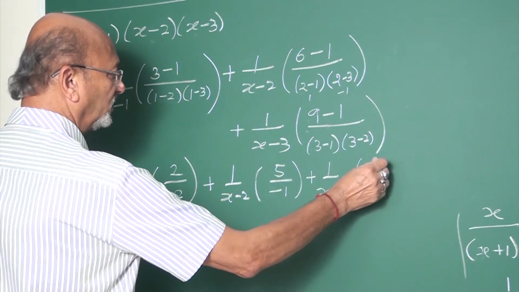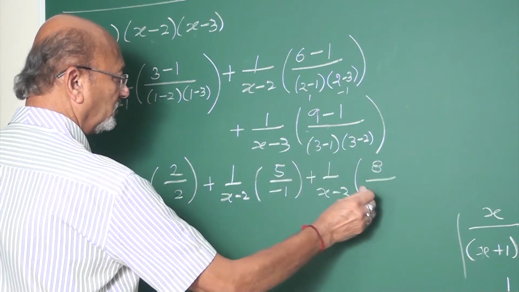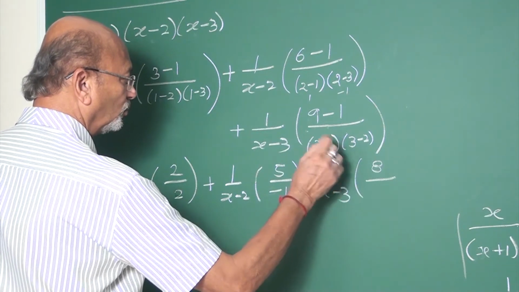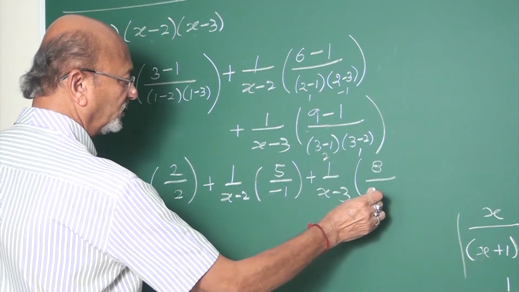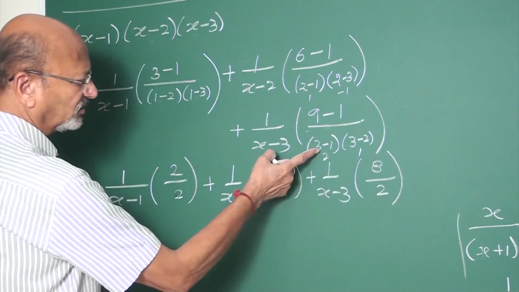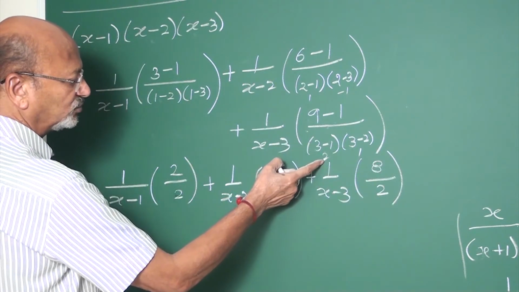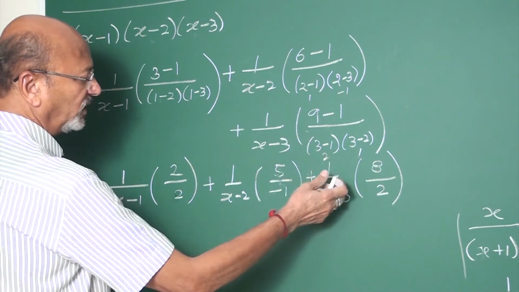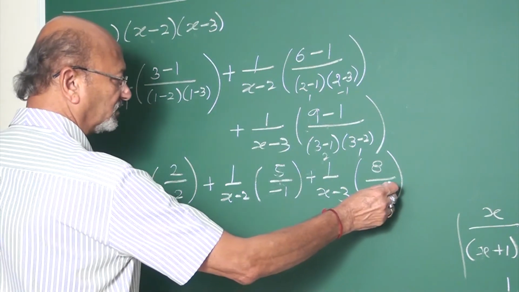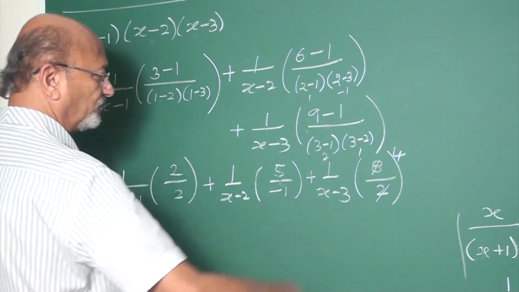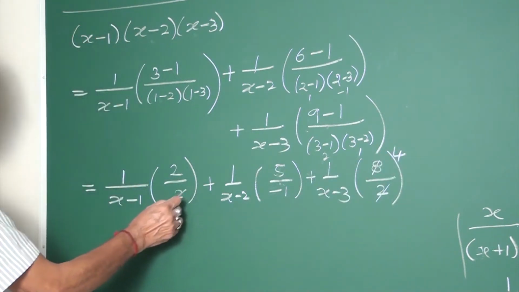9 minus 1 is 8. 3 minus 1 is 2. 3 minus 2 is 1. What is 2 into 1? It is 2. You write it down if you want. 3 minus 1 is 2. 3 minus 2 is 1. What is the product? 2 into 1 is 2. Simplified, this is 4. So, 2 into 2 cancelled.